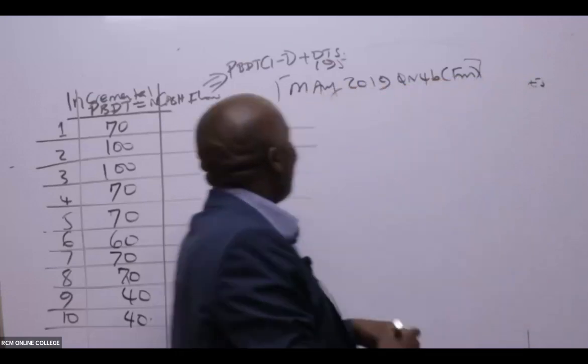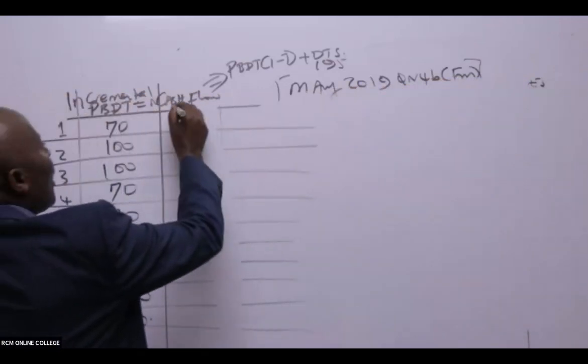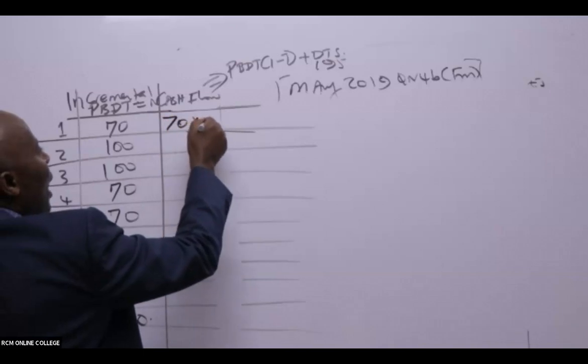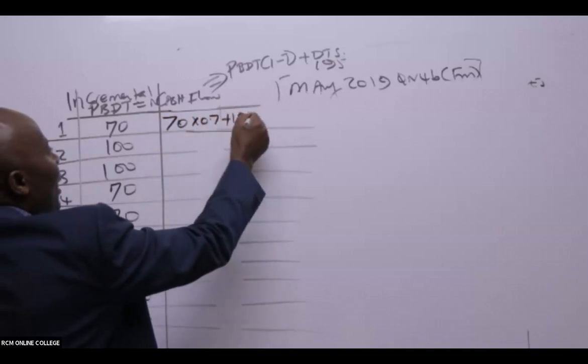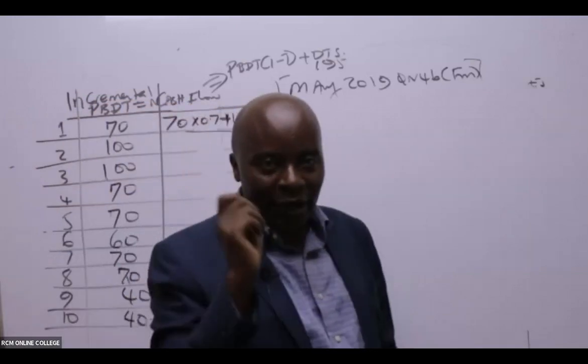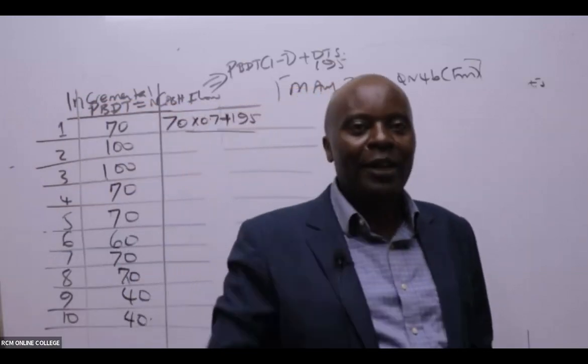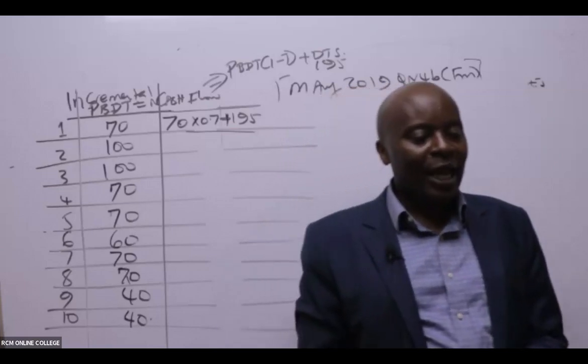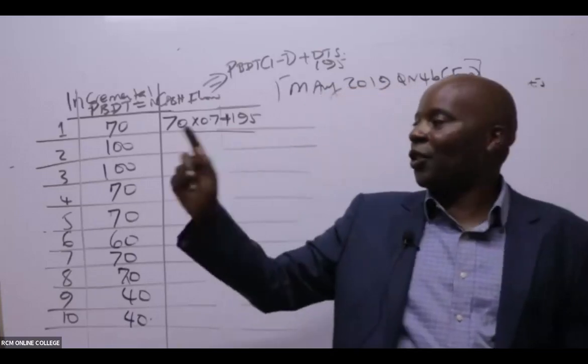When I break it up, this is what I will do. I will come here and take 70 times 0.7 plus 195. I'm so sure you guys haven't yet seen that 195. And if you have seen it, then you haven't seen this 0.7.